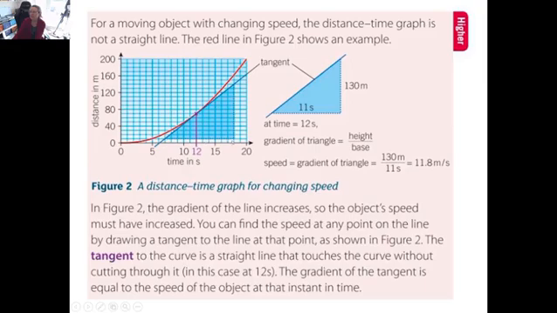And the time went from 18 seconds minus 7 seconds, which gave us a time of 11 seconds, and that gives you a speed of 11 meters per second. So at 12 seconds into the journey, at that point, the object was moving at 11.8 meters per second.